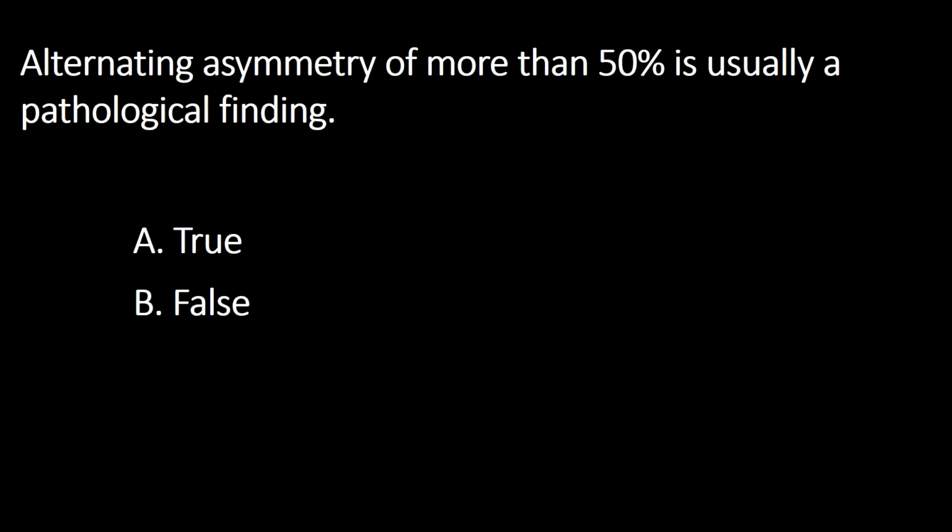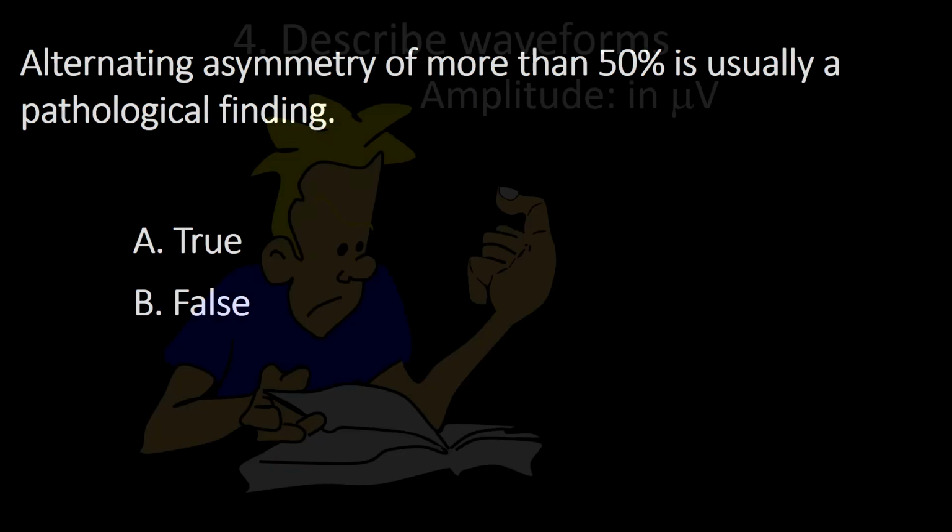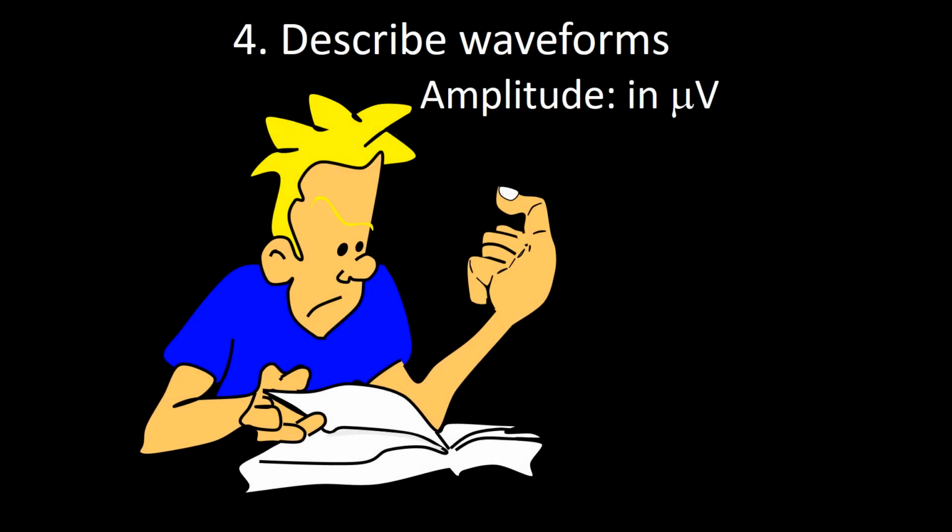Next question. Alternating asymmetry of more than 50% is usually a pathological finding. A, true; B, false. The description of a waveform includes its absolute amplitude, which has to be measured according to the specific derivation being used, and the relative amplitude, which is judged by side-to-side comparison.